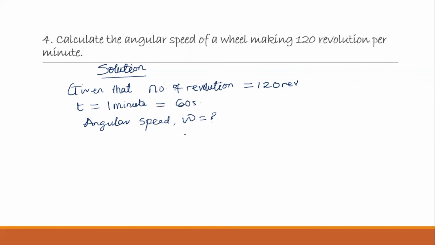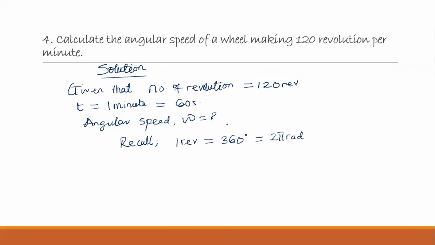So recall that 1 revolution is equivalent to 360 degrees, which is equal to 2 pi radians or rad. So angular speed is measured in what?